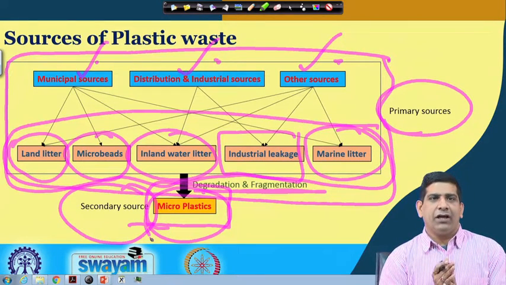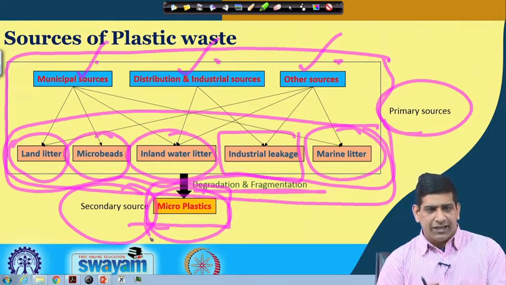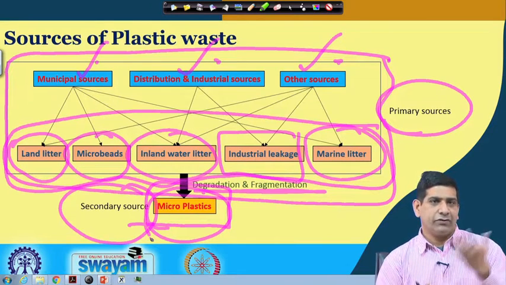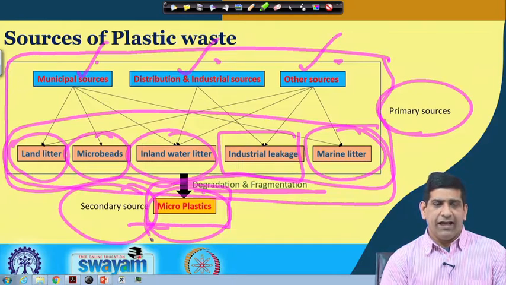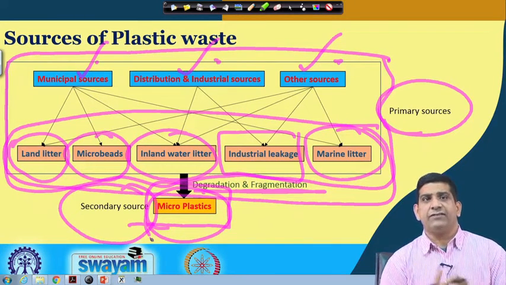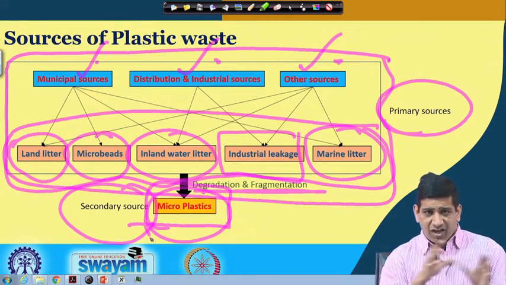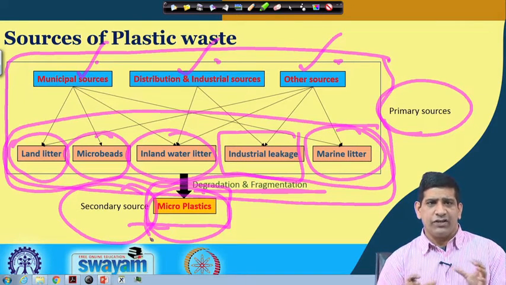But at the same time, since plastics don't degrade, they just get broken down into tiny pieces. It kind of gets into the food chain, through water, air, and maybe through soil as well. And it contains several chemicals which have a harmful effect. So that's the different aspects of source and distribution.